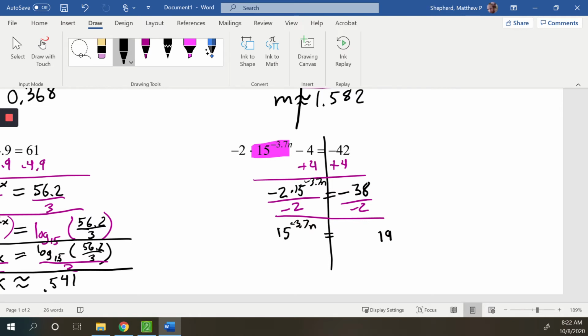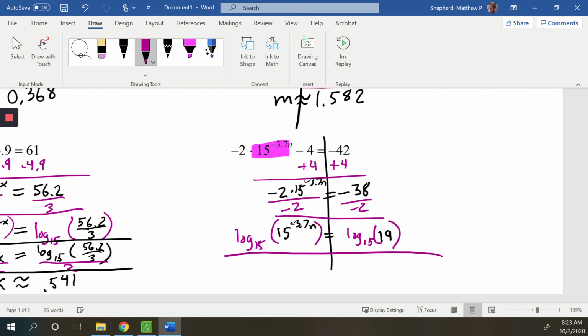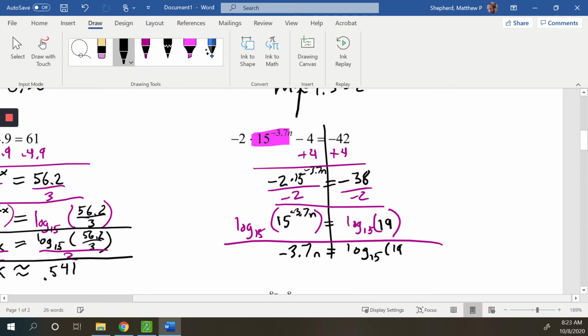Now we're ready to do our log on both sides. So log base 15, log base 15. So then we're going to be left with negative 3.7n equals the log base 15 of 19.